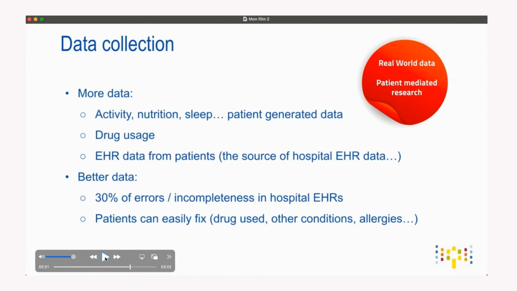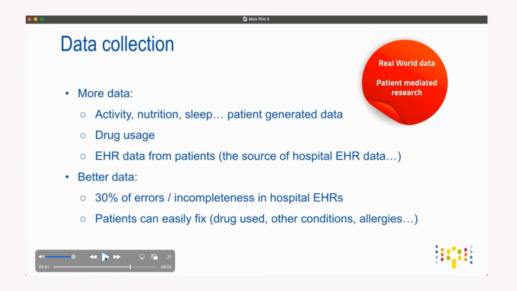We also offer better data. I don't know if you know, but 30% of electronic health records in hospitals do have some kind of errors or incompleteness, because when you leave the hospital, there is usually no follow-up, or it's difficult for the hospital to have a follow-up. It's usually the family doctor, the pharmacist, and a number of other players that help the patients.